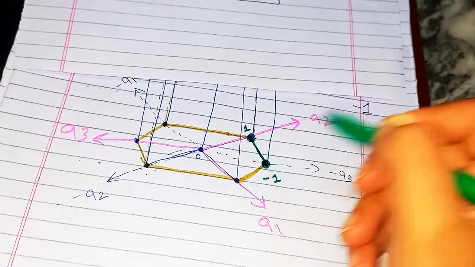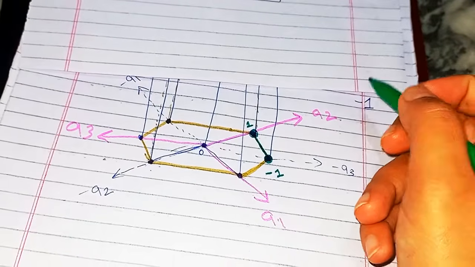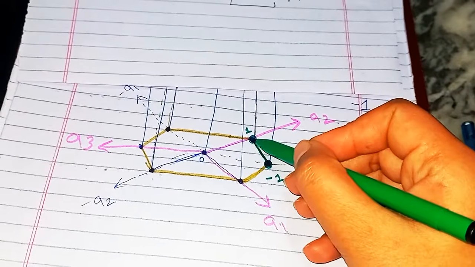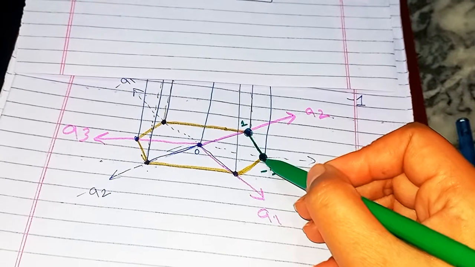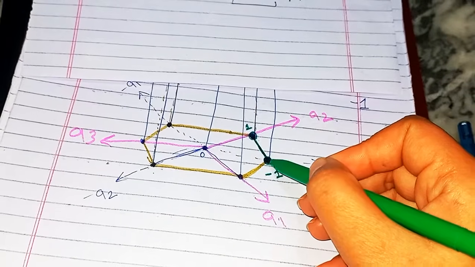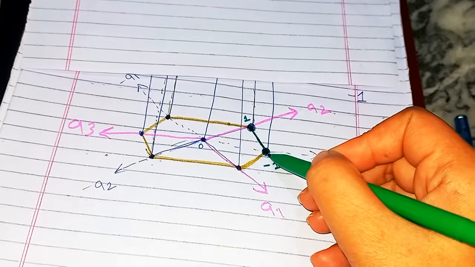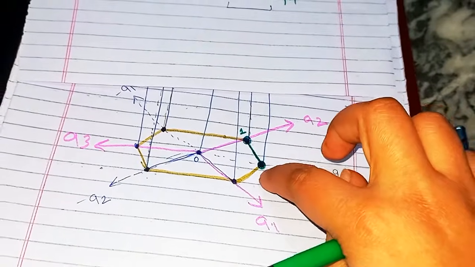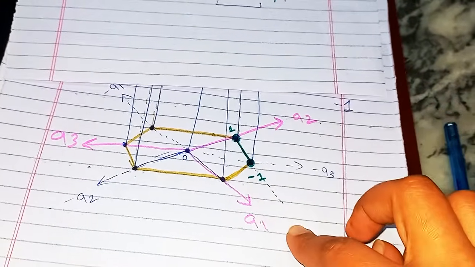We have reached the other corner, so we'll stop. We can't do this for the other point because we would move outside of the unit cell, which is not allowed. So we'll not draw a parallel line from this point for this direction.